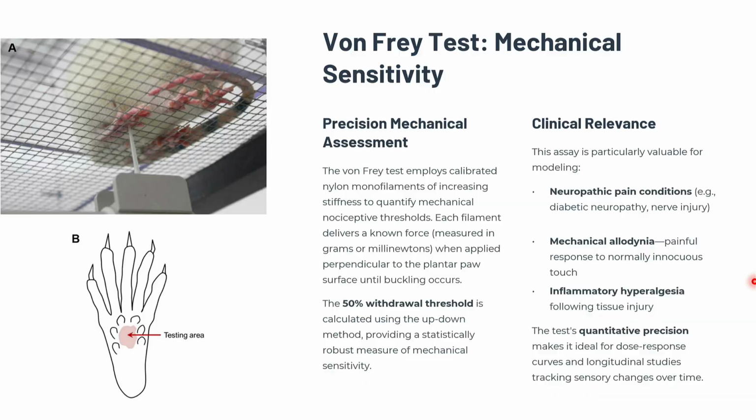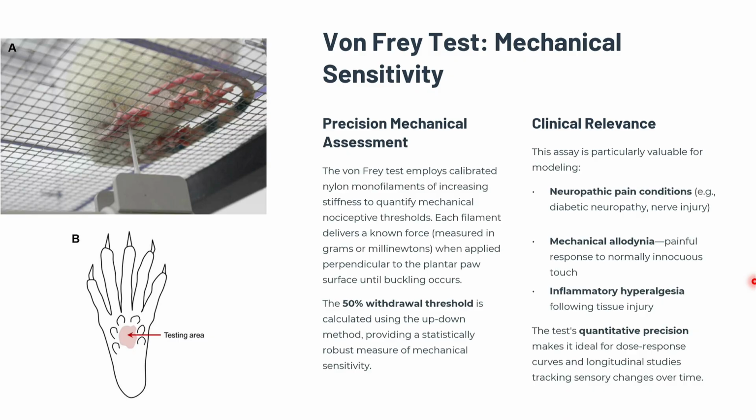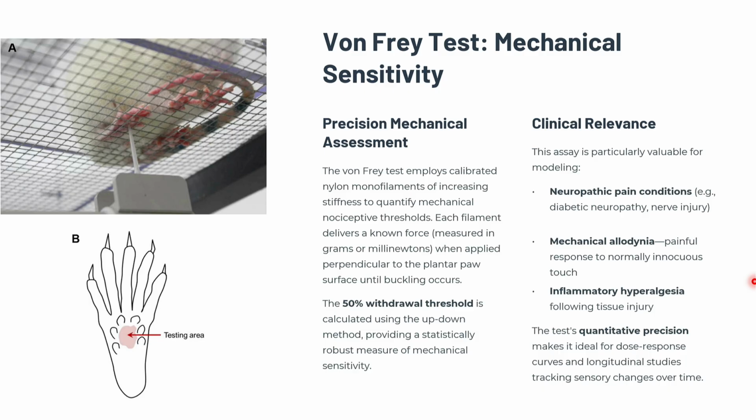The second test is von Frey test. This employs calibrated nylon monofilaments of increasing stiffness. So pain in the form of, you can say, a needle is pricked to the paw of an animal.